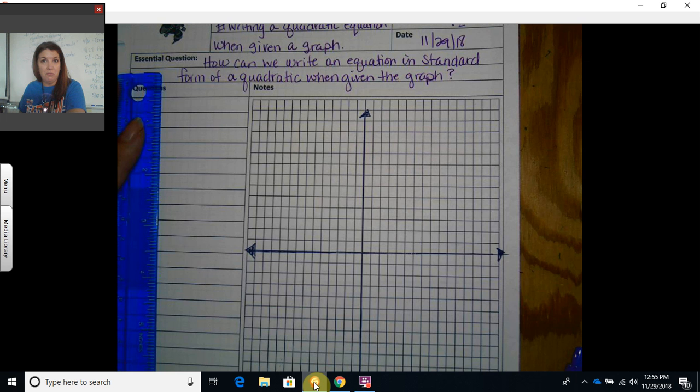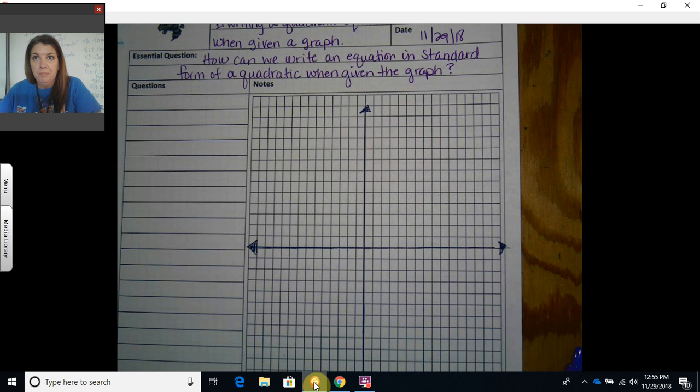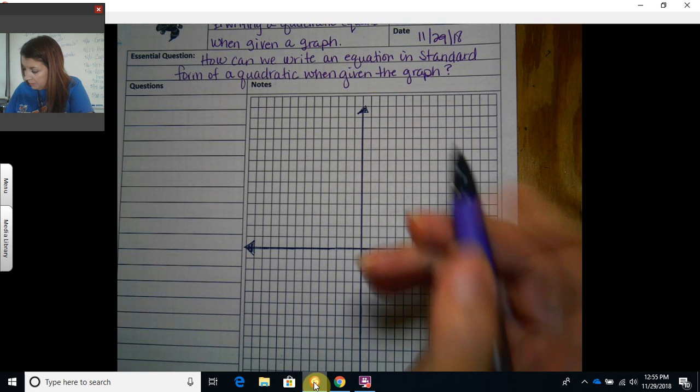So I'm giving you the points to plot on the graph, okay, to make sure all of our graphs are the same. Our vertex is going to be at -1,9.